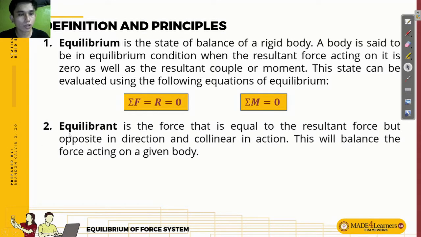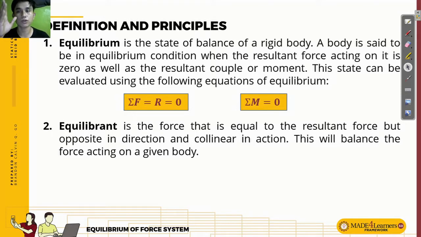Next, we have the equilibrant. This is the force that is equal to the resultant force but opposite in direction and collinear in action. This will balance the force acting on a given body. Since we solved the resultant of the applied forces on the body in the last topic, this equilibrant is a force with the same value as the resultant, but opposite in direction.